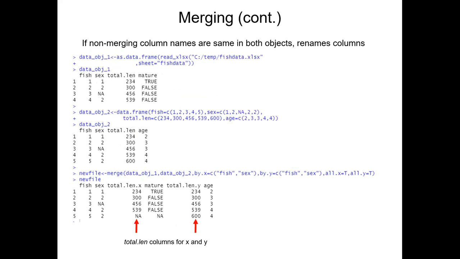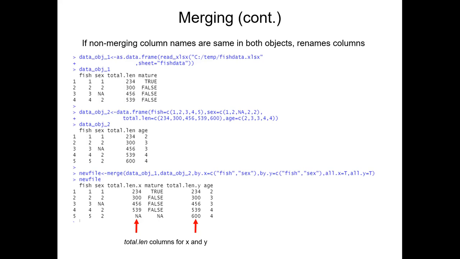Now, as in this last example, you used fish and sex to merge the two together. But let's say in both objects you had the same columns that you weren't using as the merging columns. Above is the original data. Object 2 now has total length, which for the first 4 fish are the same as the original, but we're adding the total length of number 5 at 600.